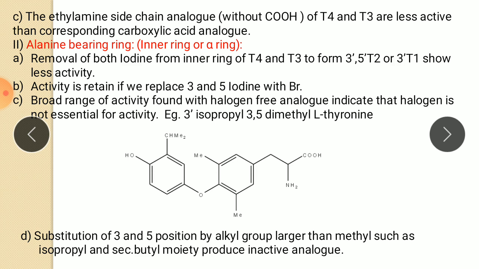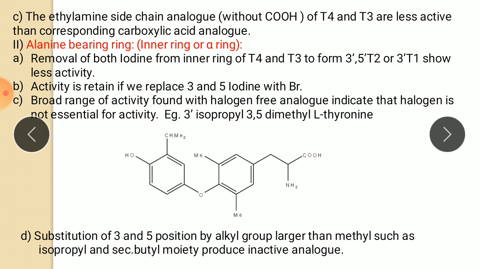So in the case of the T4 structure, if we remove the iodines from the inner ring, then it forms 3',5'-T2, which is less active.